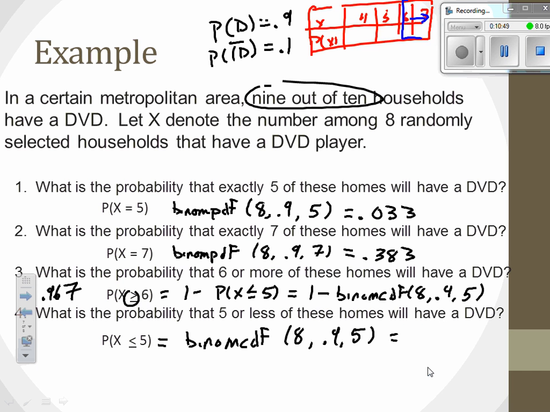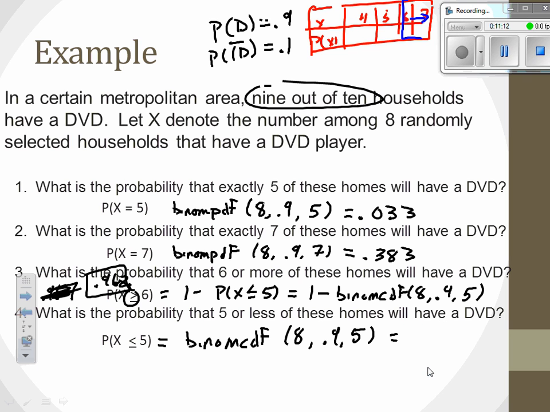Excuse me just a second. I realize up here in number 3 I rounded the wrong way. This is actually 0.962 in number 3.